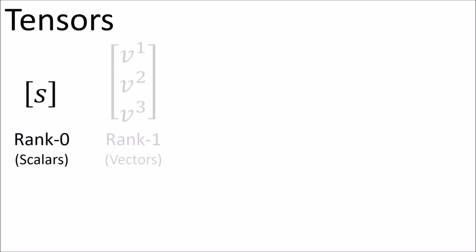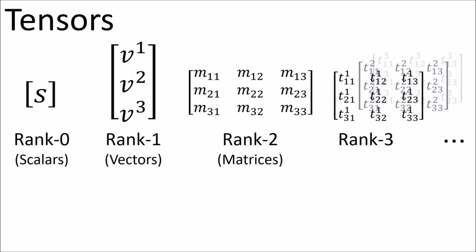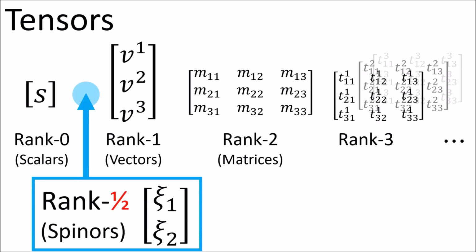So when looking at all the different ranks of tensors, we can think of spinors as fitting in right here. A spinor is sort of like a tensor of rank 1/2, because we can combine 2 spinors into a rank 1 tensor, and because spinors transform half as much as vectors do.